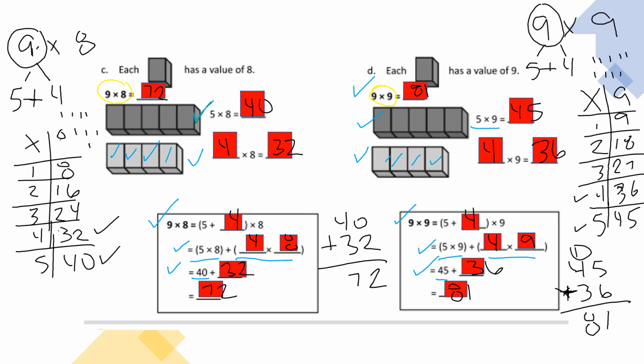Okay, we've completed 1C and 1D. So that means now the whole first page should be complete. Now we're going to move on to the next page of our homework, which is the last page of Lesson 13's homework.